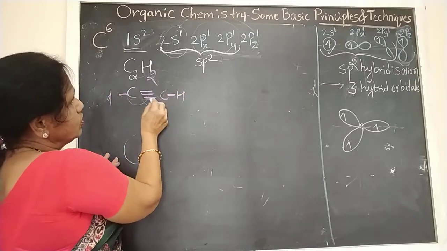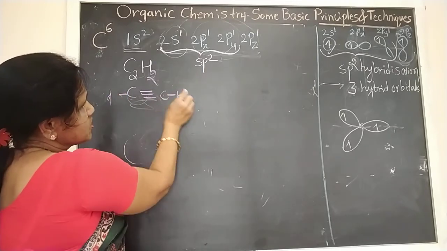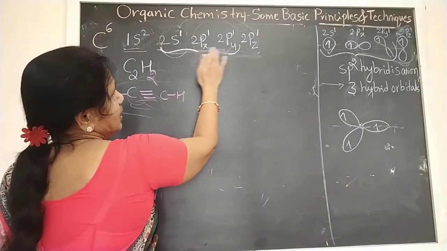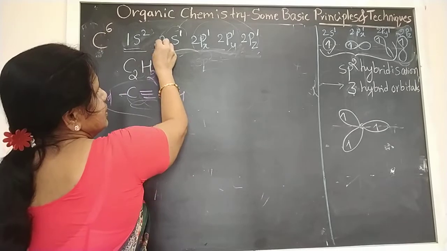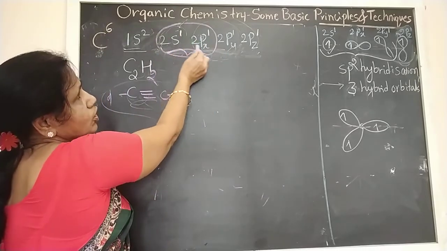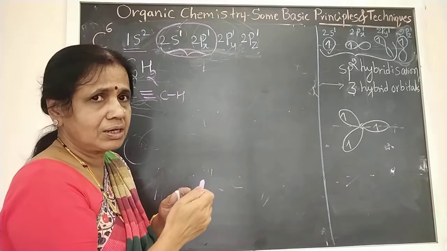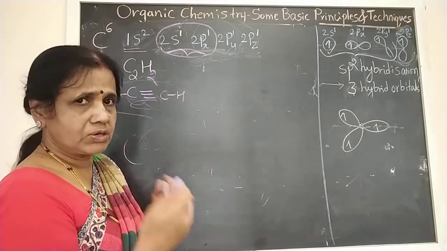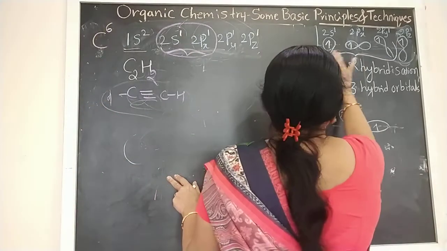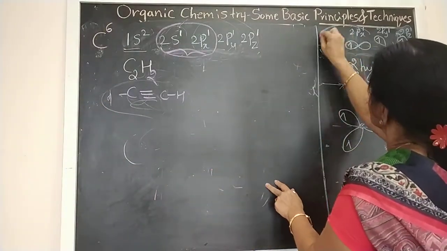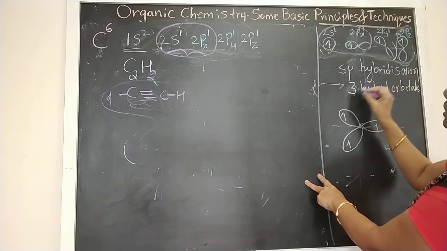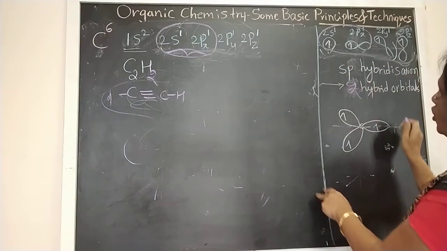To explain the structure of ethyne, the carbon undergoes sp hybridization. sp hybridization means only two orbitals mix here to give two equivalent hybrid orbitals. I am showing here that these two mix together to undergo sp hybridization to give two hybrid orbitals.